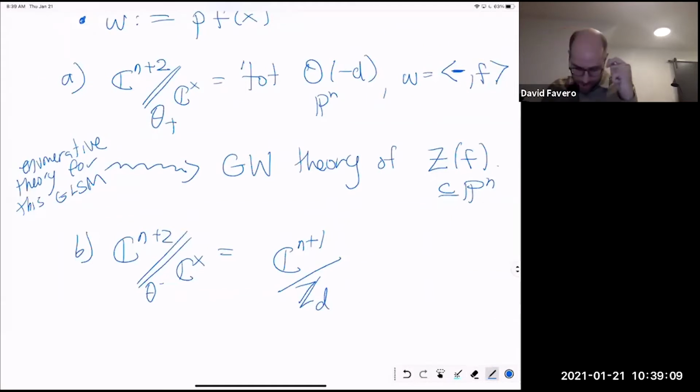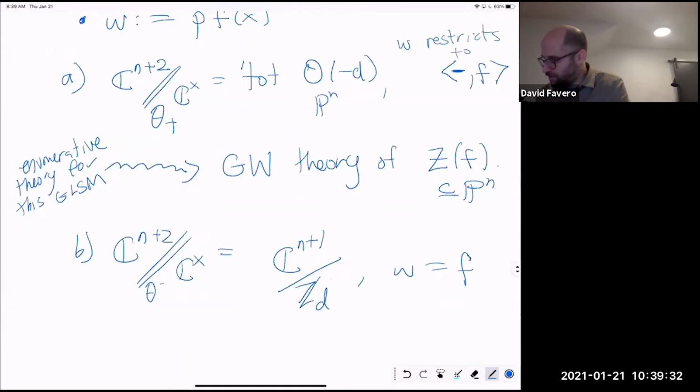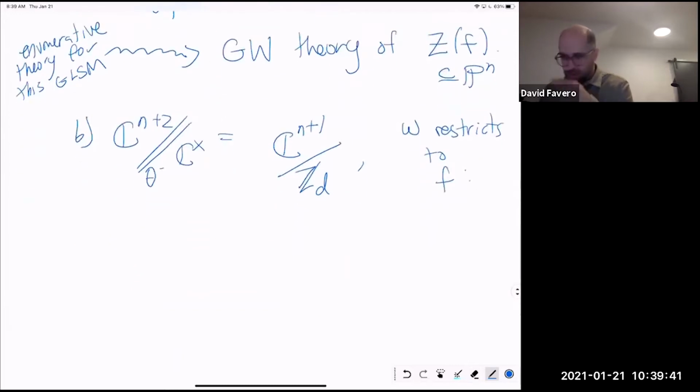Okay, and the function is just the function itself. It's just f. Sorry, maybe my notation's a little bad. W restricts, under this identification, to just f. Okay.